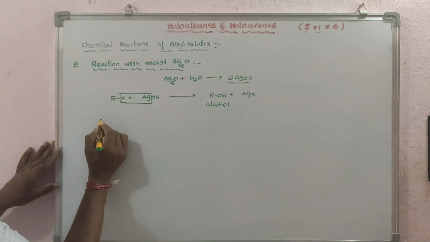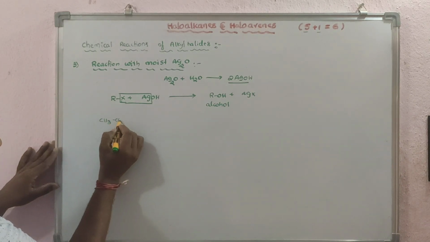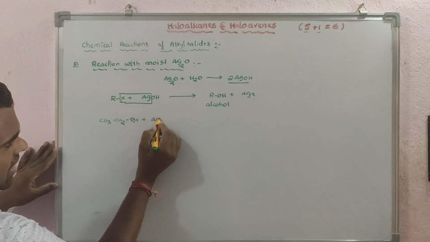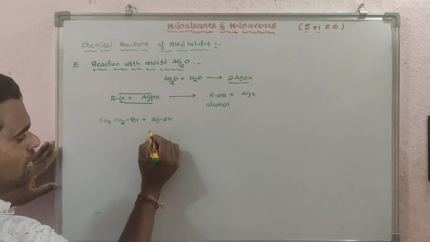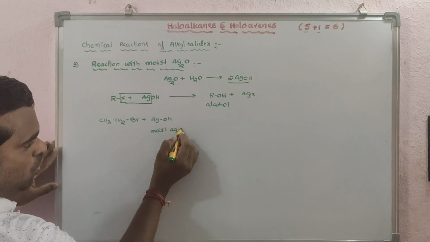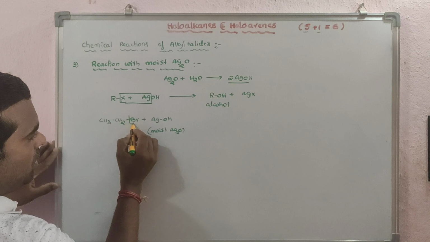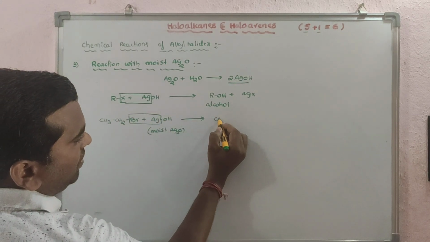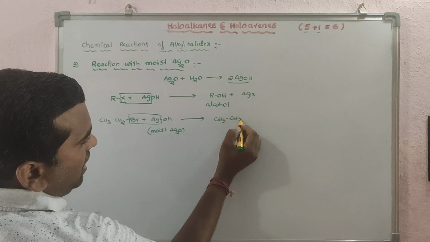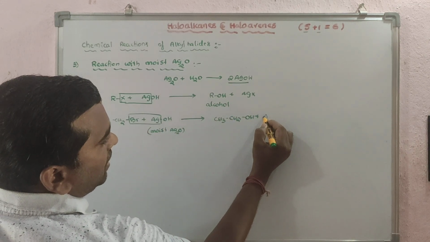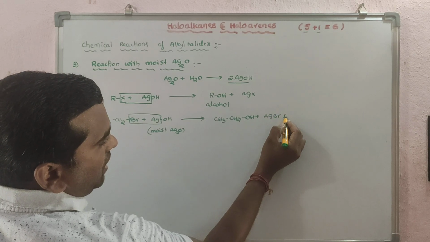Clear? Take one example. I am taking a common example always, CH3CH2Br and AgOH, or you can write moist Ag2O. Then what compound will you get? Remove AgBr, and OH is bonded with CH3CH2, so CH3CH2OH plus AgBr precipitate you will get.